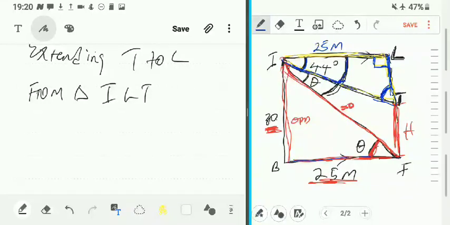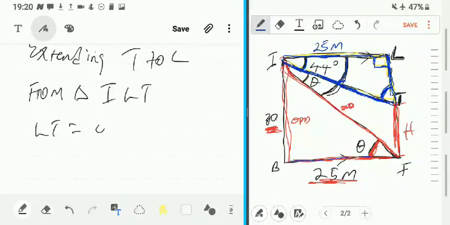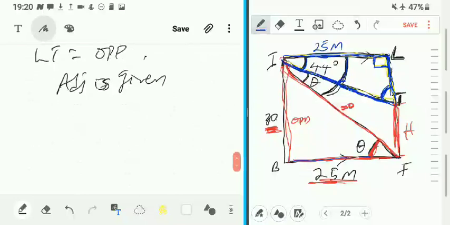Let me separate the triangle I'm working with, ILT. The side we're looking for, LT, is the opposite side. This side, IL, is given as 25, the adjacent side. Which formula are we using? The side we're looking for is opposite and the adjacent was given, so TOA, the tan ratio.